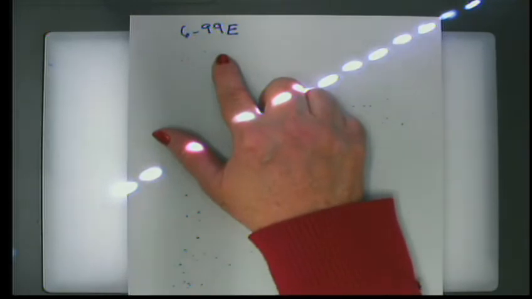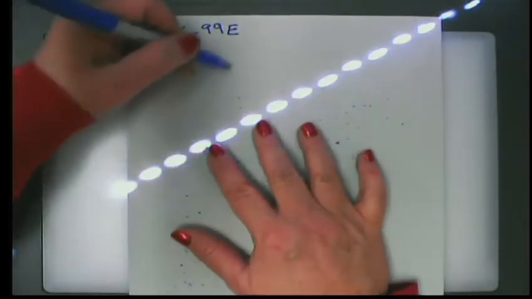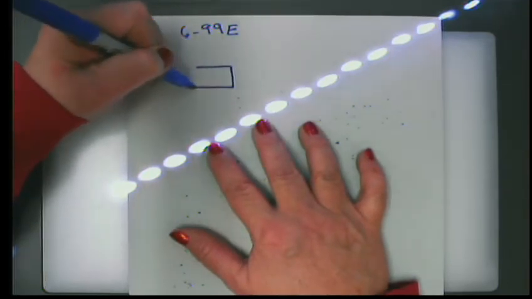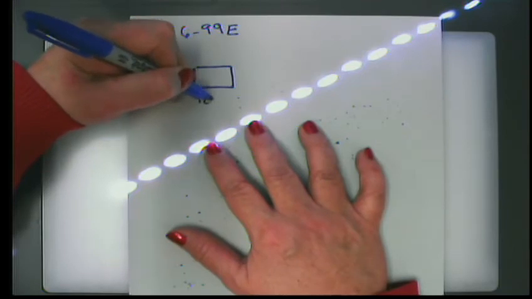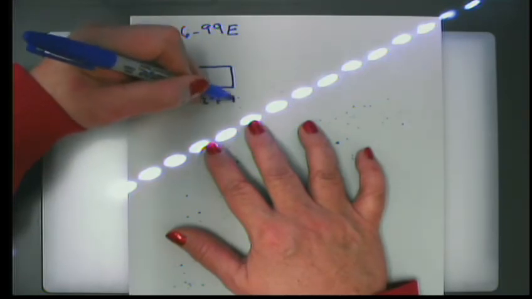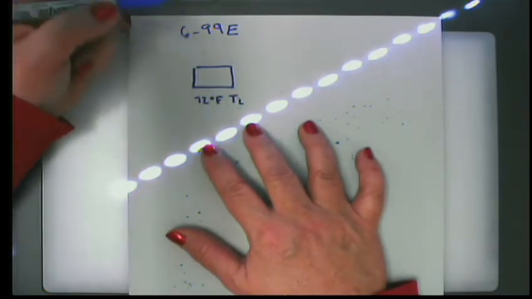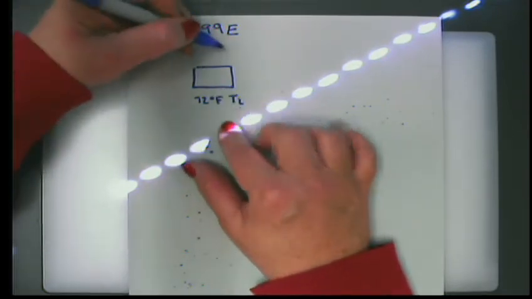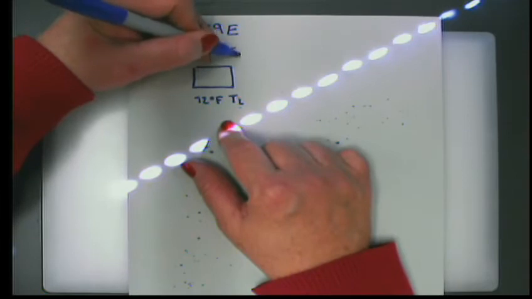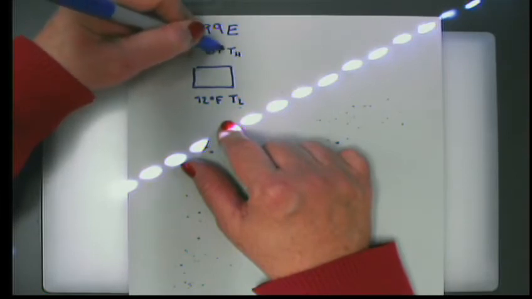So 699E says an air conditioning system is used to maintain a house at 72 degrees Fahrenheit. That's my T sub L. When the temperature outside is 90 degrees Fahrenheit.